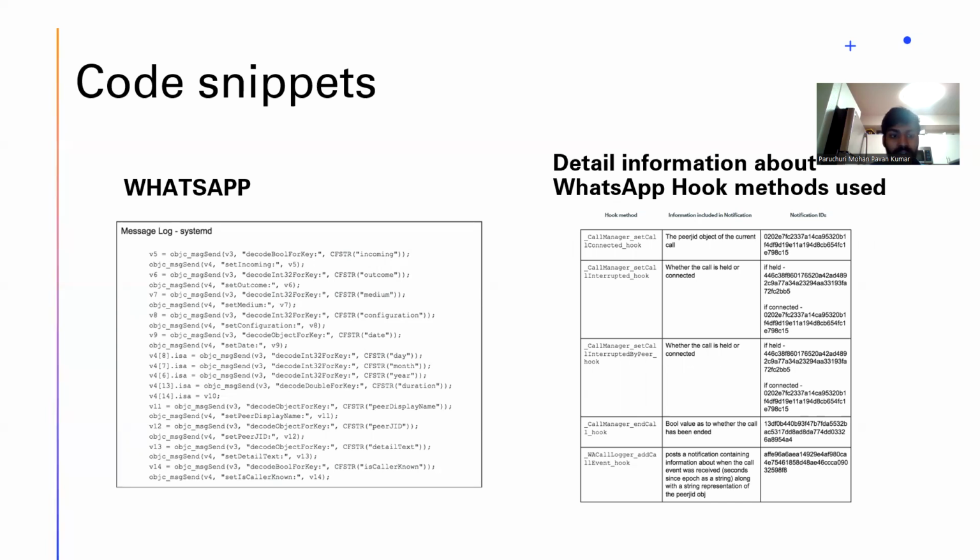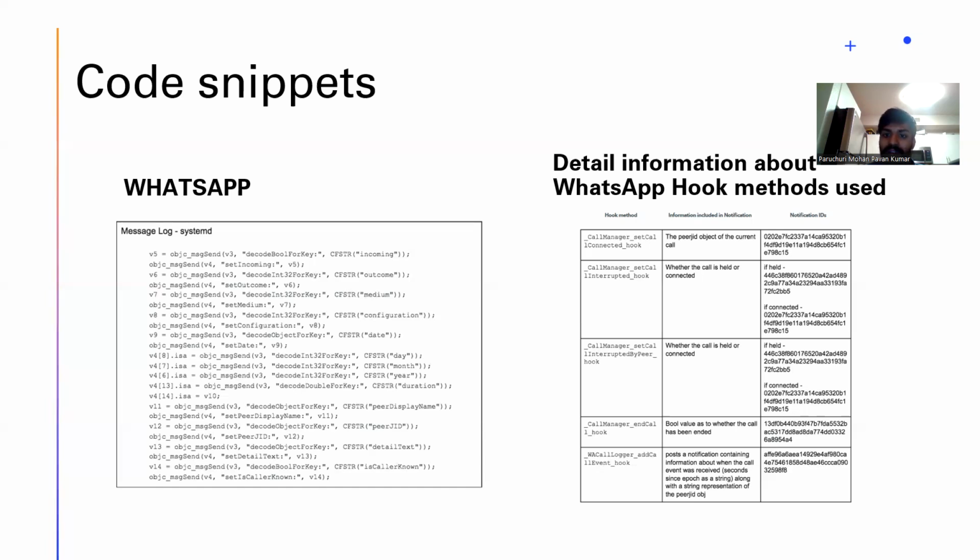So it is going to take the incoming message, outgoing message, media configuration, the date, the day, the month, the year of the message, and the duration, peer display name, period, display text, and column.